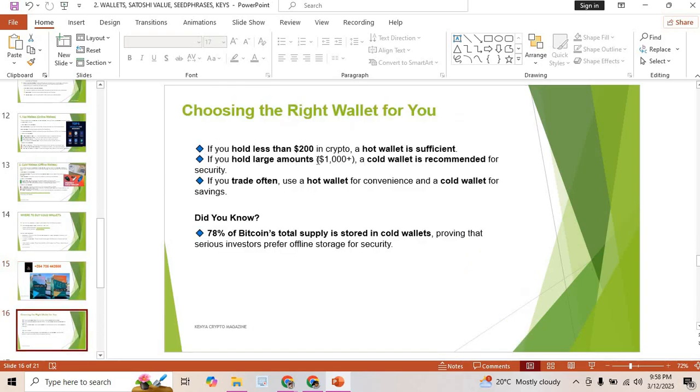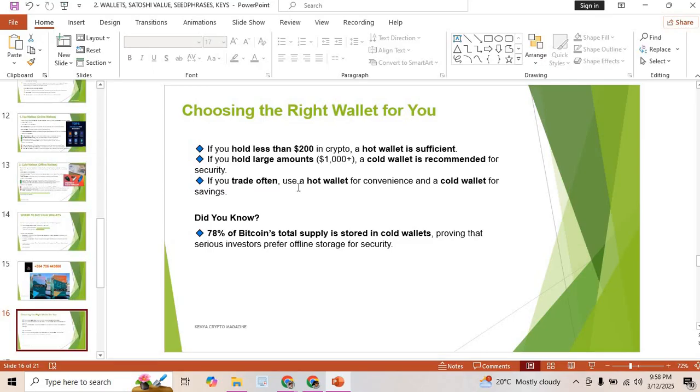It's actually not Solitaire, it's Solflare. If you hold large amounts of crypto, like over $1,000, then a cold wallet is recommended for security. Third, if you trade often, use a hot wallet for convenience and a cold wallet for saving.